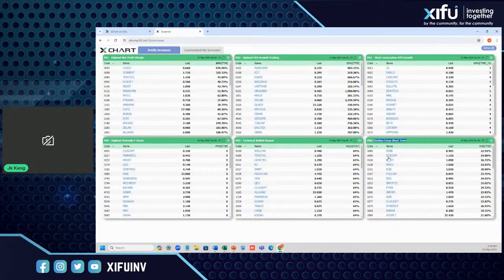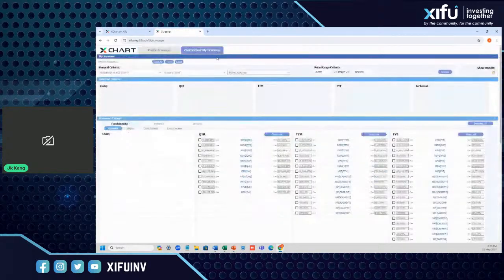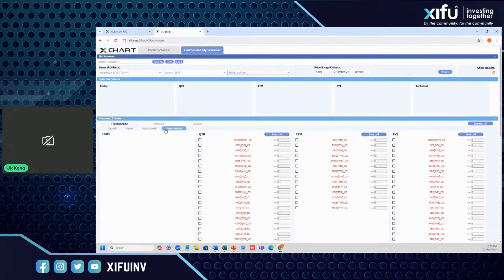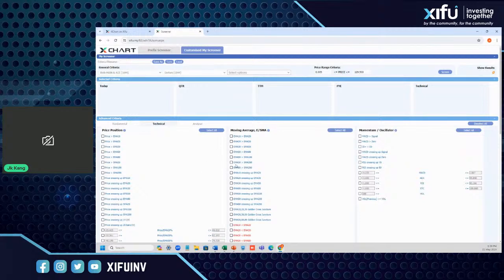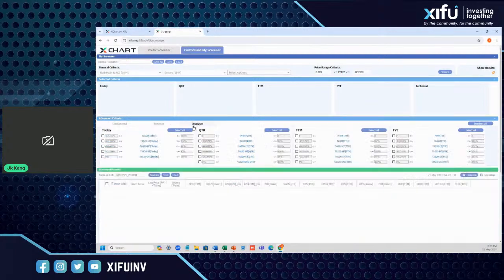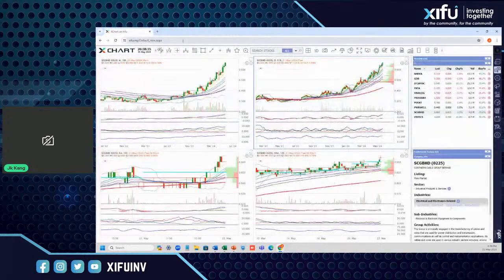So all these are prefixed already. If you don't want it, you can always come here to do your own setup. Set up by the fundamental or set up by the combination of the technical plus the analyzer result as well. So that will be the screener.